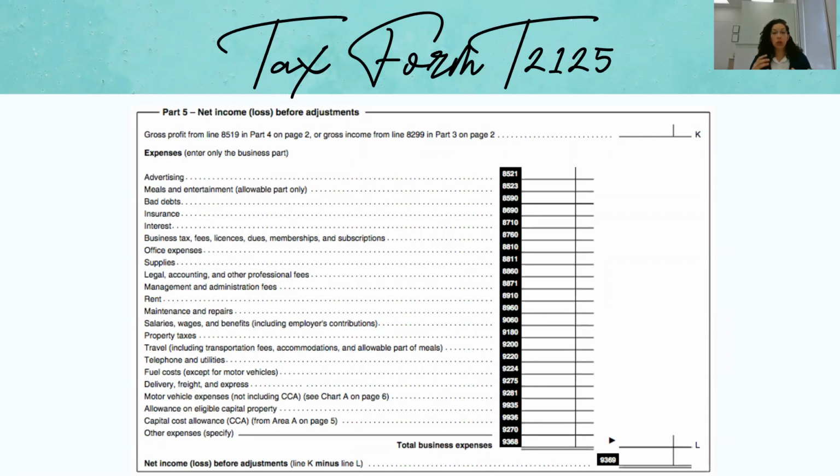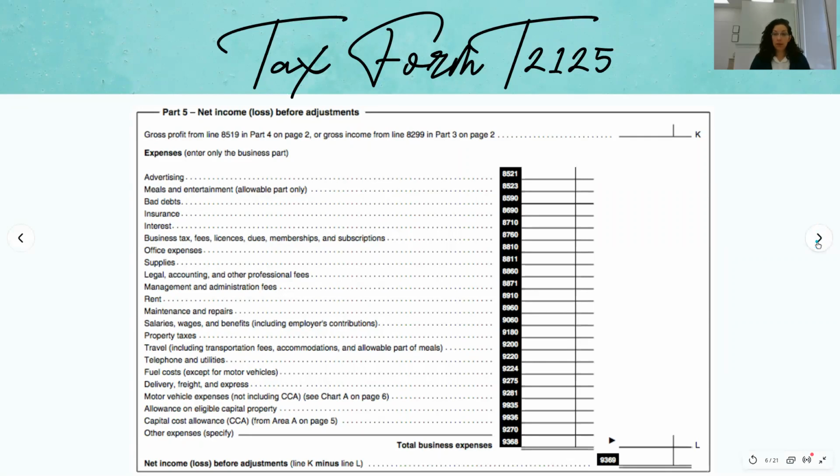Any large furniture or machines, or even if you bought a building, which I don't believe any of you would, that would go under capital costs. So if you've made large purchases, that's where it will go. And that would be something that your accountant would figure out the total of at the end of the year. You just need to keep it separate.